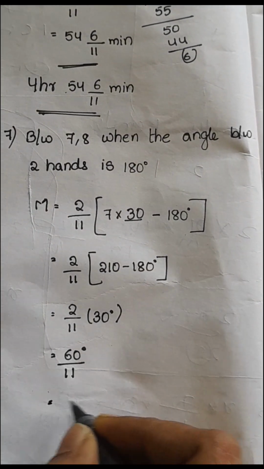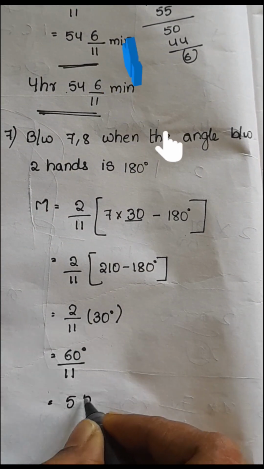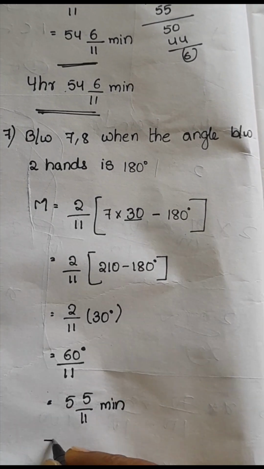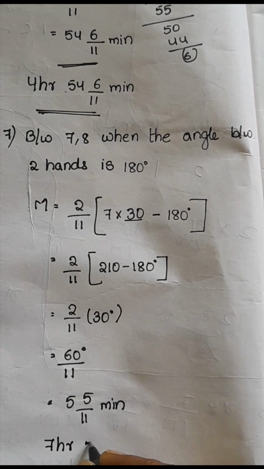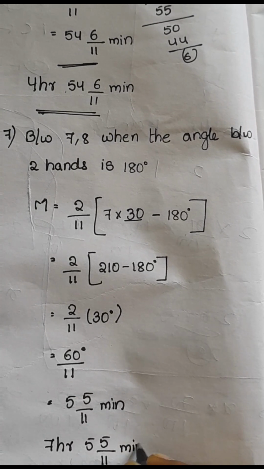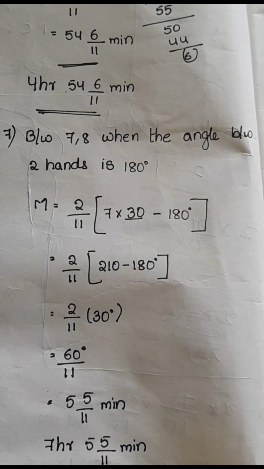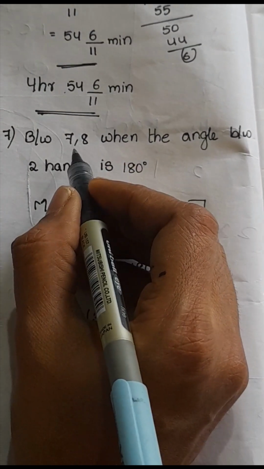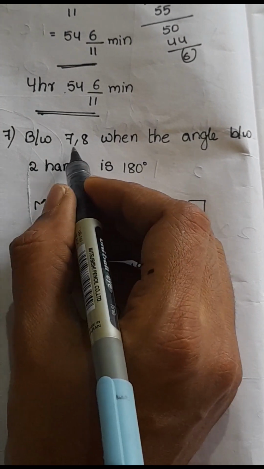On division, we get 5 by 11 minutes. It is at 7 hours 5 by 11 minutes that the angle between the two hands is 180 degrees. Here we took minus 180 degrees because the time is between 6 and 12 in this question.